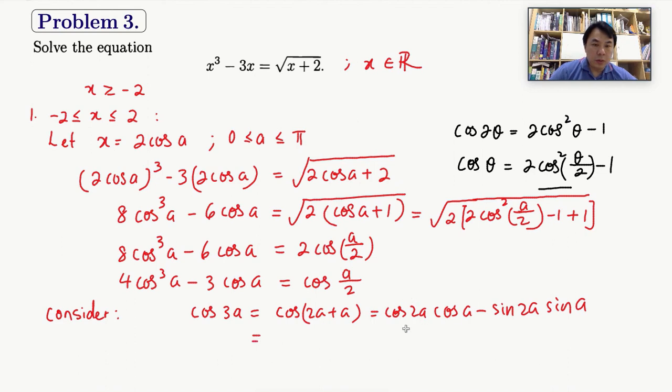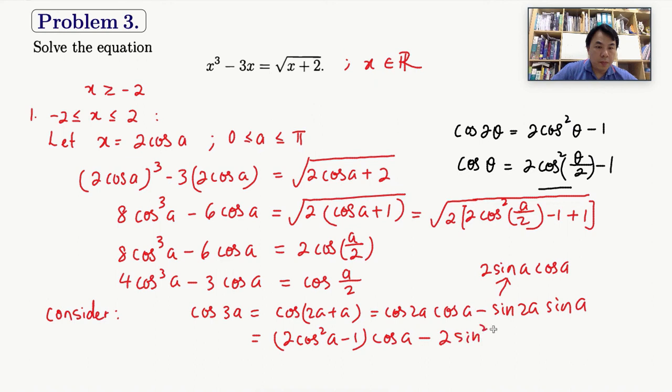And then from here, we can rewrite this again as 2 cosine square A minus 1 cos A. This is a 2 from here, I just rewrite here, this is a 2 sine A cos A. So therefore we have a 2 sine square A cos A here.